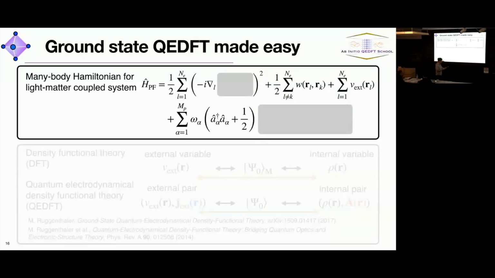So the question I want to ask you: what should I put in the green box? If I couple the matter system, here is the electron, to a photon, what are the two green boxes I should put? Yeah, you want to try? Good.